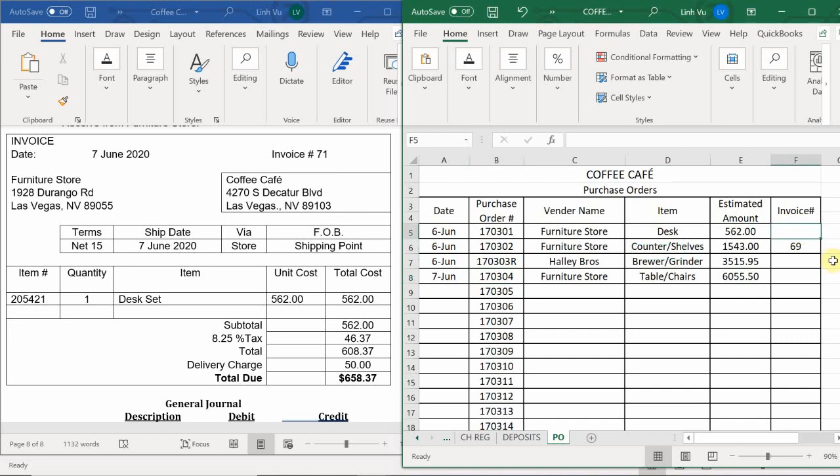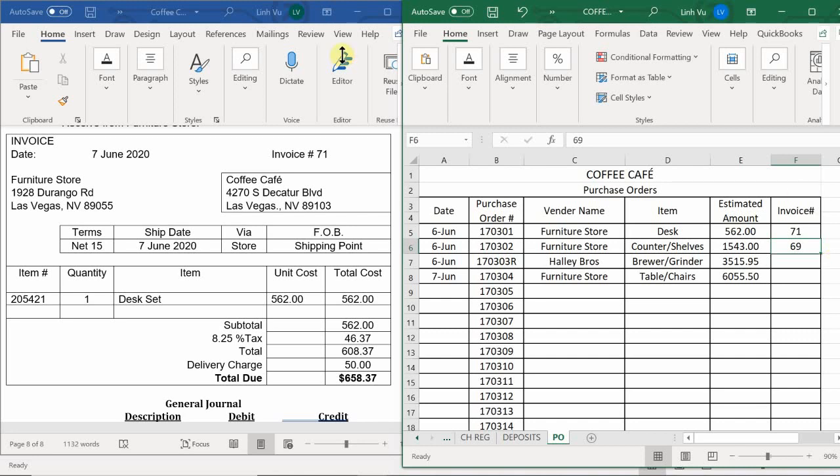Plus we were taxed and there was shipping involved. What was my invoice number here? No shipping. It is 71. Invoice number 71, for the very first invoice. So here, we're still waiting for our coffee brewer and grinder, and we just ordered tables and chairs.